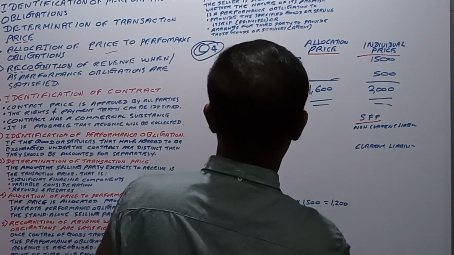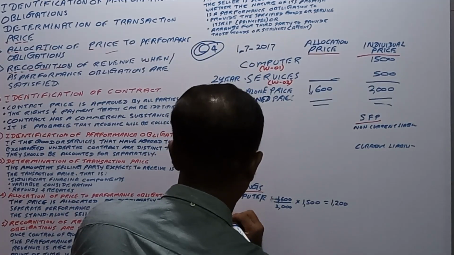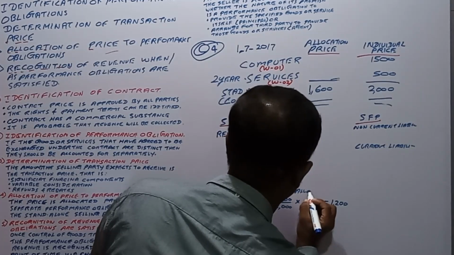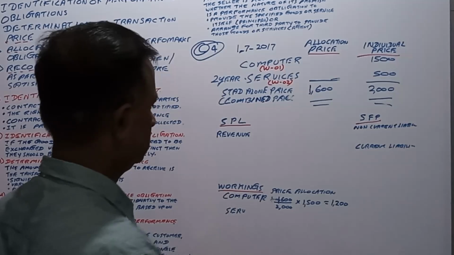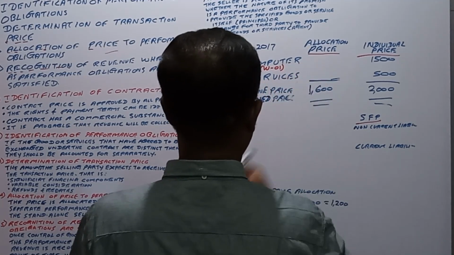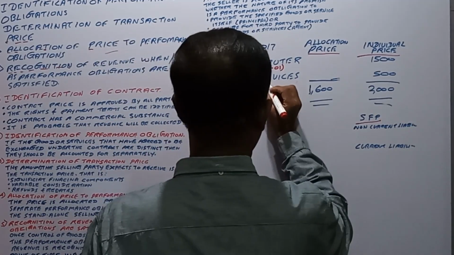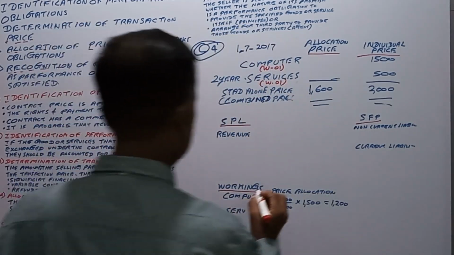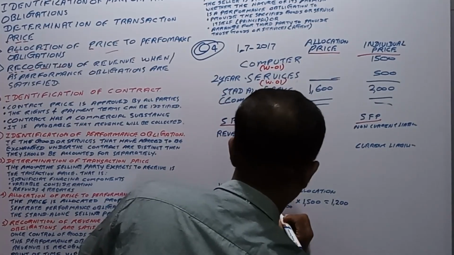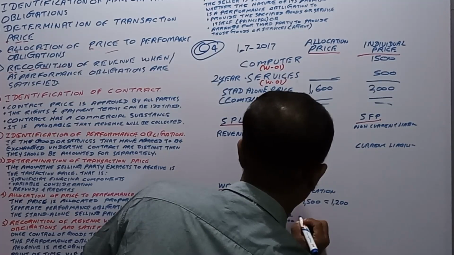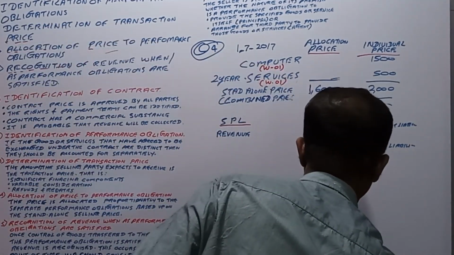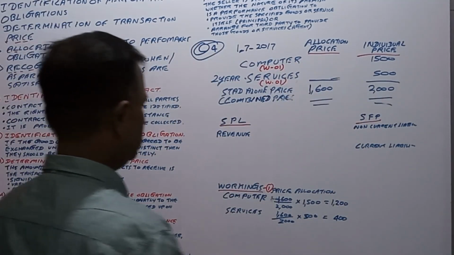For services, the price allocation working: 1600 divided by 2000 into 500, that is 400.